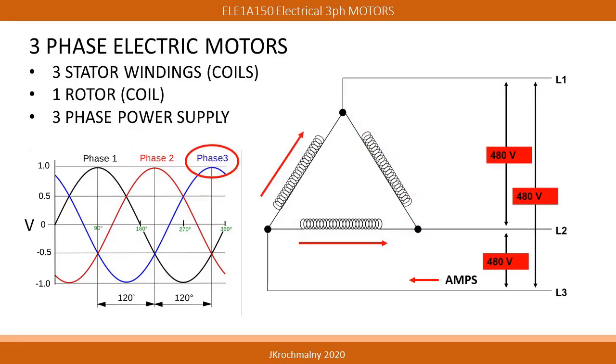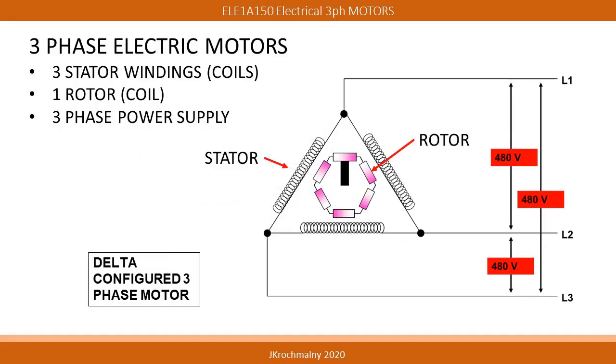Now we see that Phase 3 has a maximum voltage compared to Phase 1 and Phase 2, resulting in amperage originating at L3 and pushing toward L1 and L2. As the amperage passes through the coils, flux lines are generated in these windings.